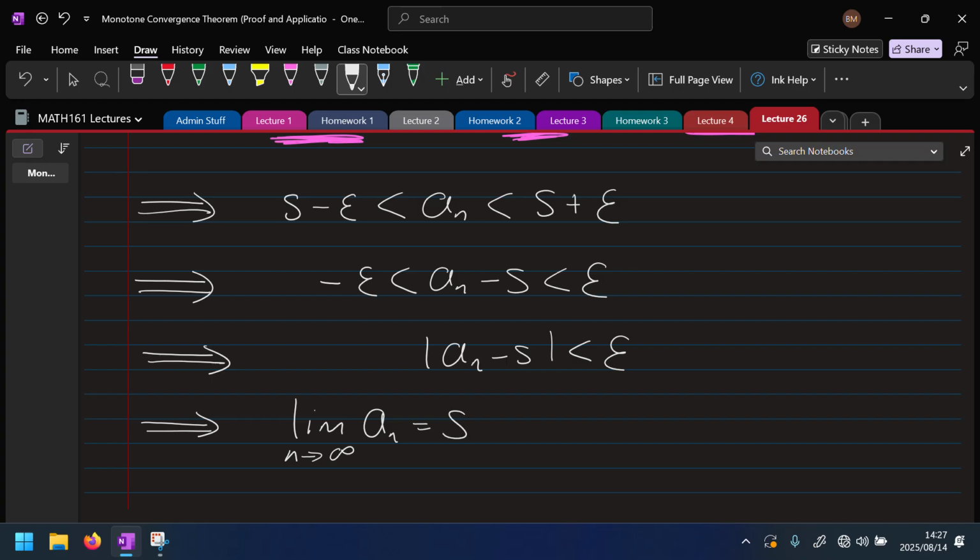That's just from the squeeze theorem, from what we covered last year. So we take the limits, and then this AN minus S gets squished till it becomes 0. So if that becomes 0, then the limit of our AN sequence must be S. Okay. Now we have the limit equals S, and S is some finite value, which means it's convergent.